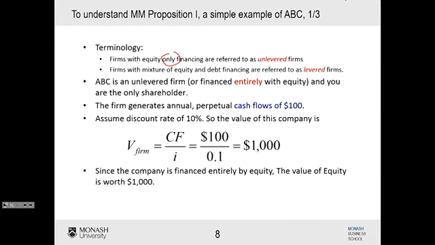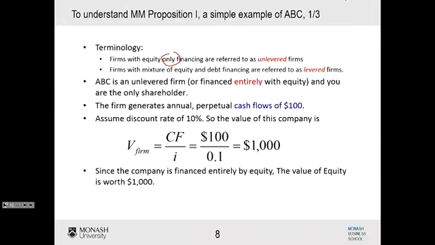And the firm generates, let's say, an annual perpetual cash flow of $100. Why do I want to use the perpetual? Because that's another assumption to make things easier. Once we use the perpetual cash flow, we can use a very simple value formula to discount all the future cash flow into the present value.